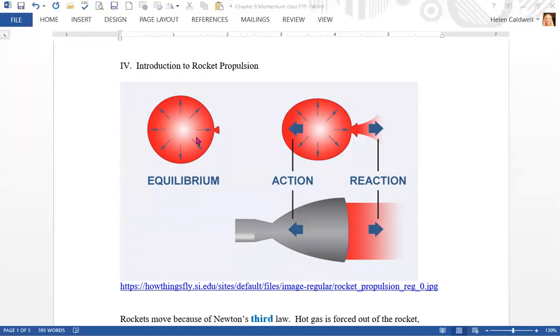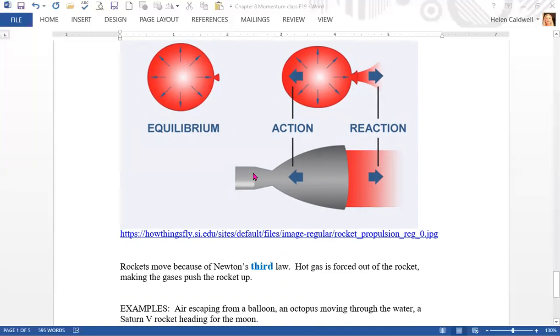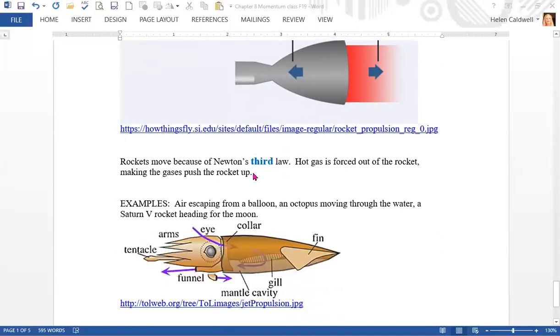People will sometimes do this in middle school. You'll tape your balloon to a soda straw and thread the straw through a string and watch it move across the room that way. So it's a very simplified version of how rockets go up. It's all because of Newton's third law. For every action, there is an equal and opposite reaction.